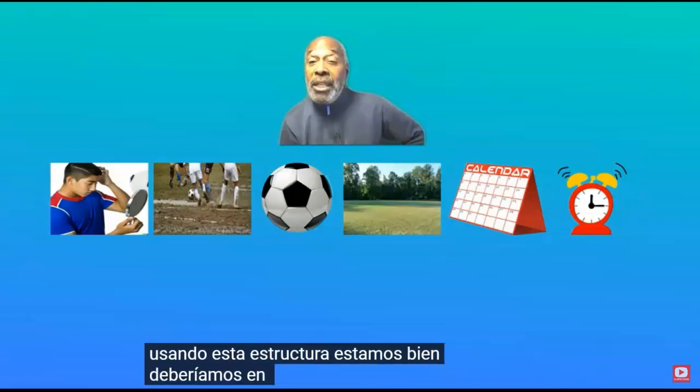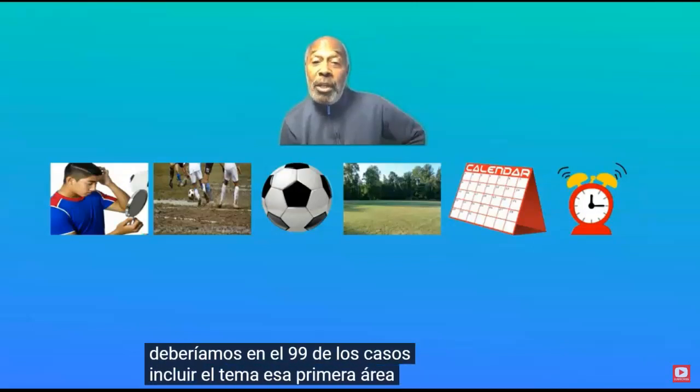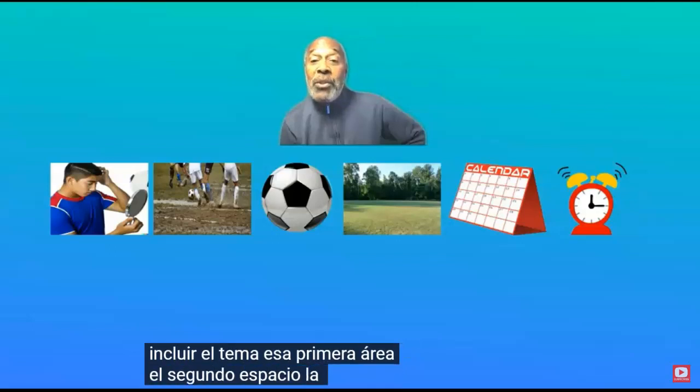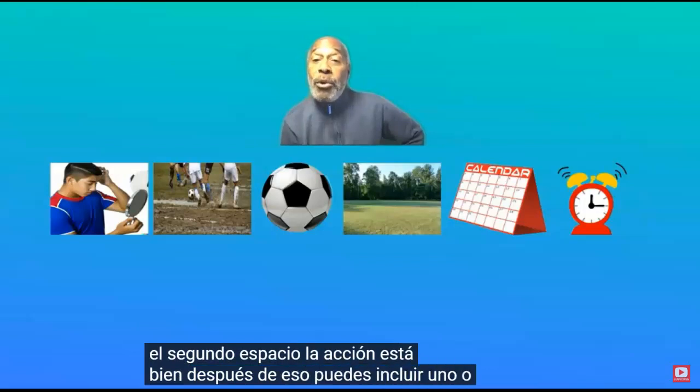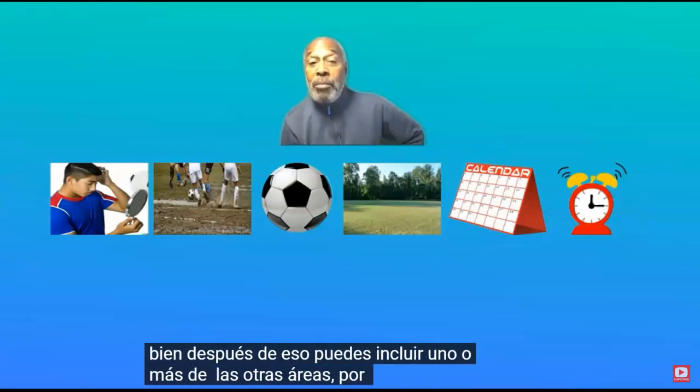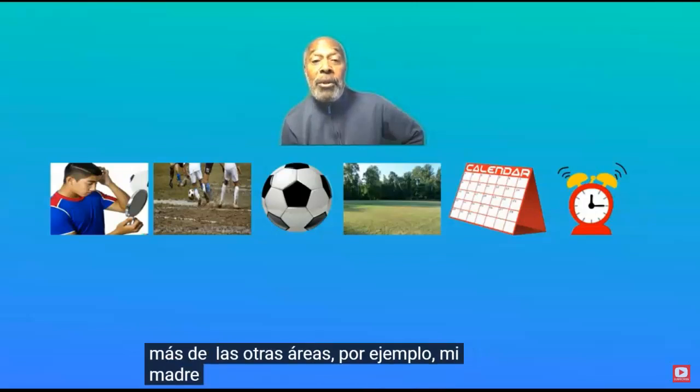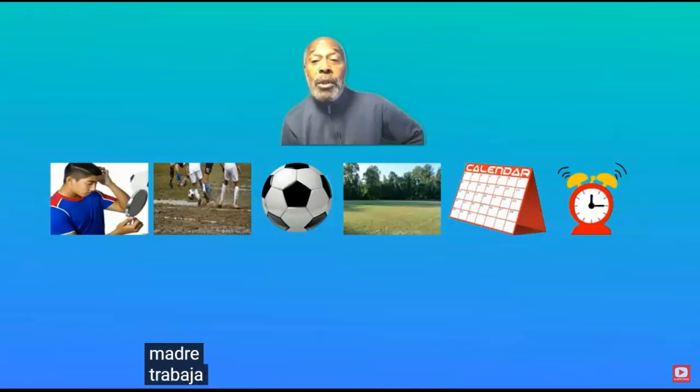We should, in 99% of cases, include the subject, that first area, the second space, the action. Okay? After that, you can include one or more of the other areas. For example, my mother works every day.